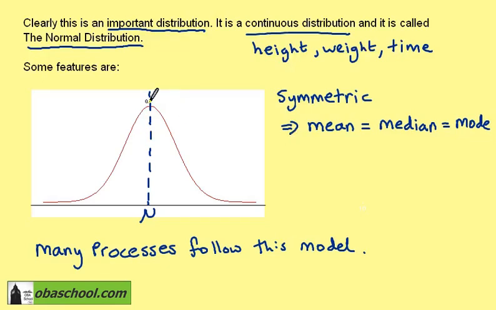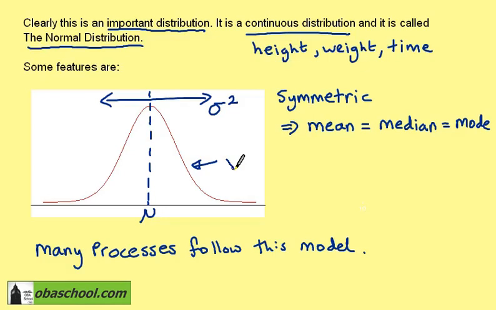It can be defined by two parameters. One of them is the mean, and we know that it is symmetric about this mean, and the other is to do with the dispersion. We measure dispersion with variance in this case, and so the parameters of this distribution are the mean and the variance.